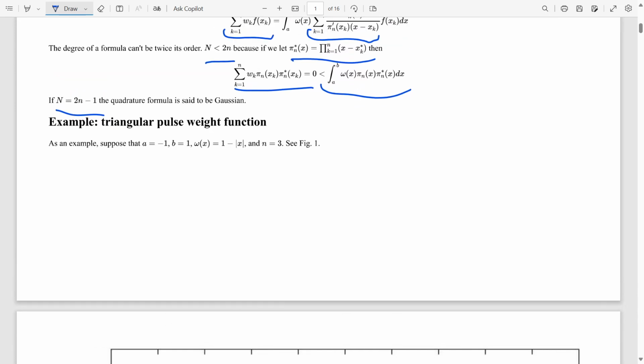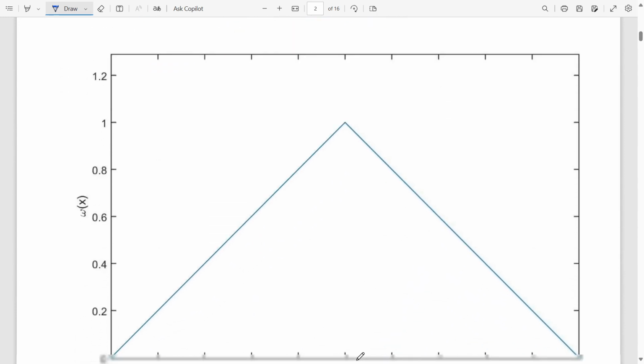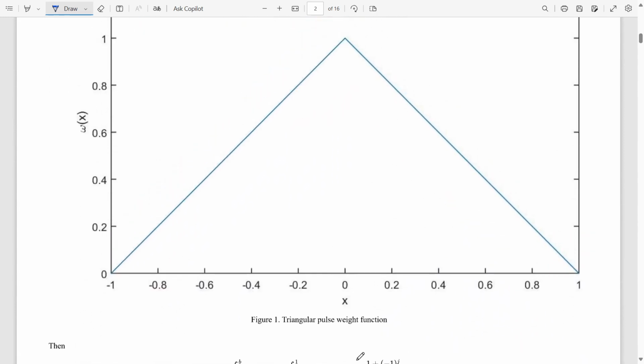Here, our limits are from minus 1 to 1, and the weight function will be the triangular pulse function shown in figure 1.